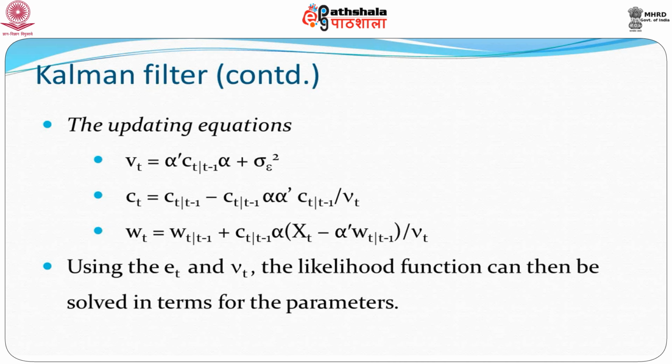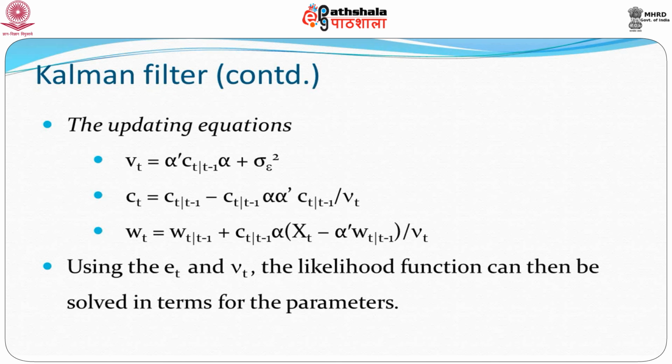Now, remember that this inverse part actually also leads to the variance. So, that will give you your Ct. Basically the inverse gives you Ct, and this Ct into the second component gives you your Wt. So, we now can update Ct and Wt.